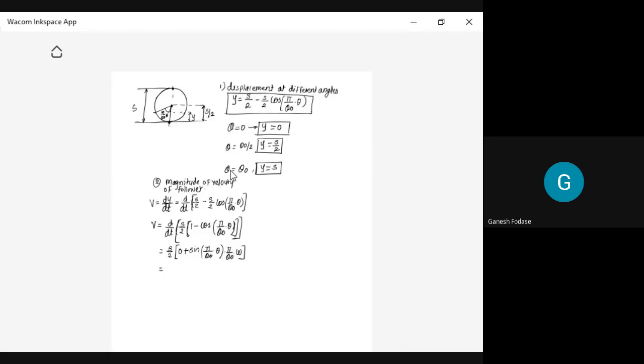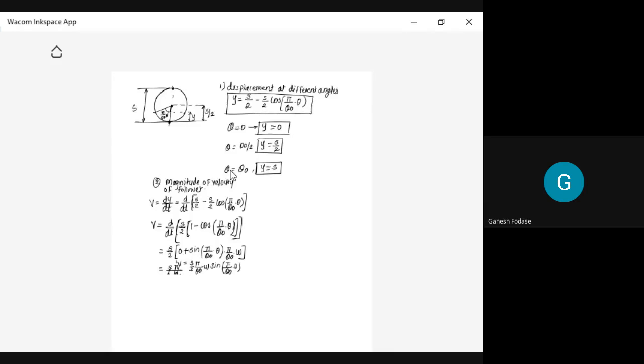So it is equal to s by 2 into pi upon theta o into omega into sine of pi upon theta o into theta.